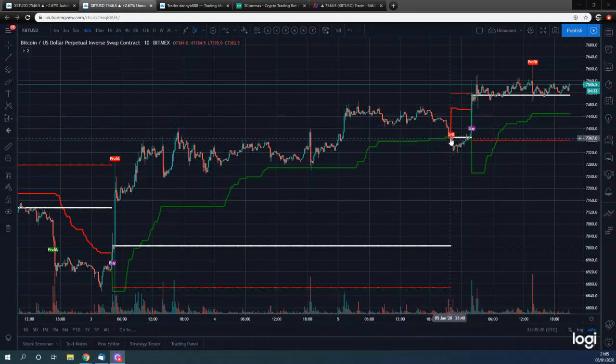At which point the line will stop and reverse and turn into a sell, until the price goes back through the line, and then it stops and reverses and goes the other way.